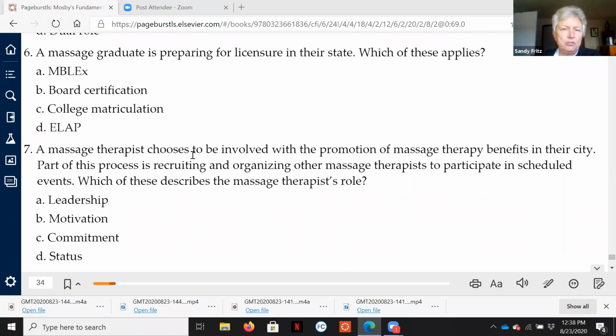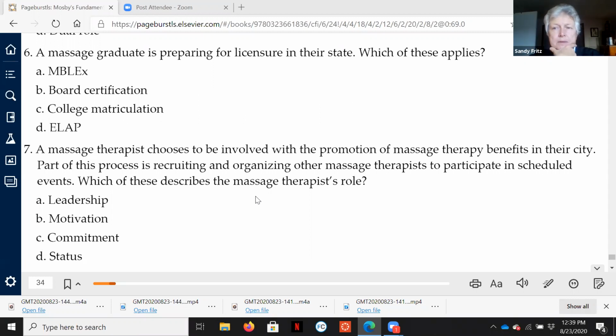A massage therapist chooses to be involved with the promotion of massage therapy benefits in their city. Part of this process is recruiting and organizing other massage therapists to participate in scheduled events. Which of the following describes the massage therapist's role? So we have to figure out what this question is asking.